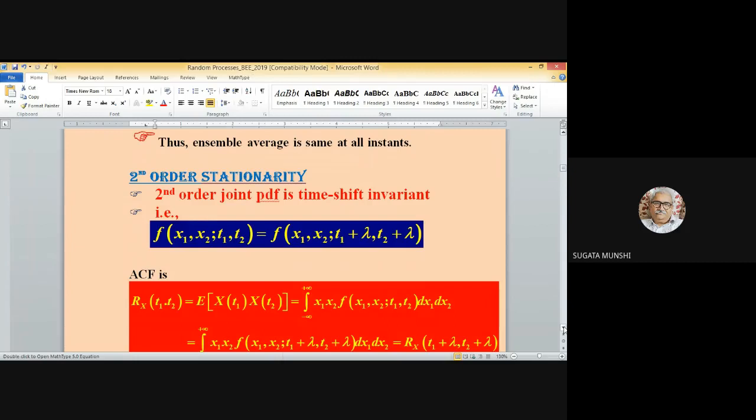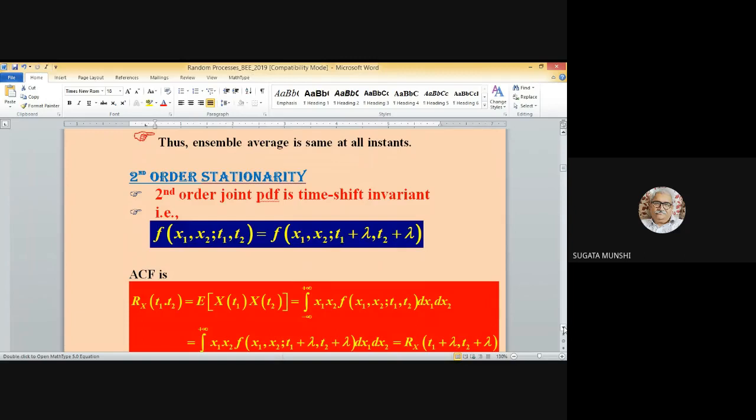Then what will happen to the autocorrelation function? I have written down the expression. In place of f x1 x2 t1 t2, you may write f x1 x2 t1 plus lambda, t2 plus lambda.